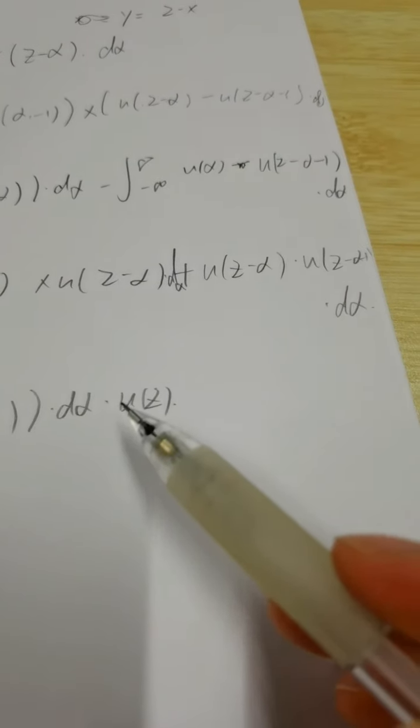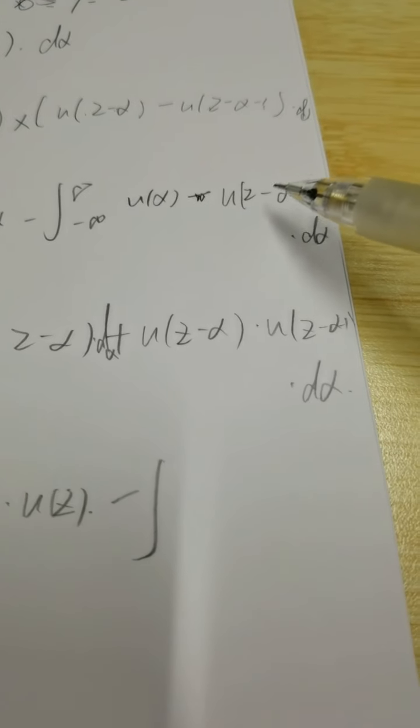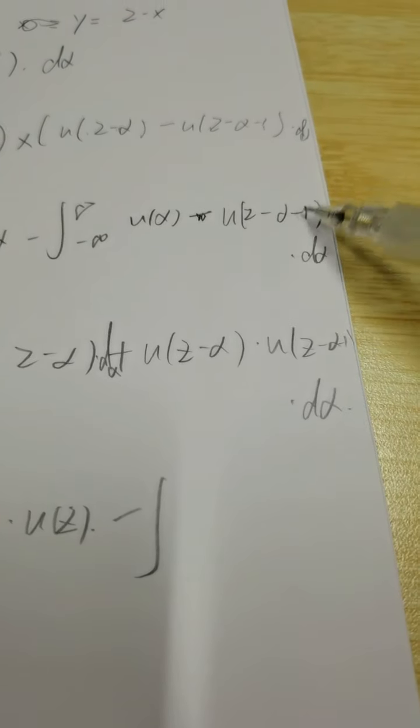For the next part, the upper limit is z minus 1 and the lower limit is 0, and we also copy this part and multiply by u(z minus 1), which comes from z minus 1 minus 0.